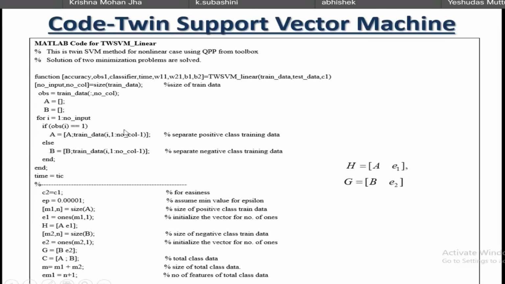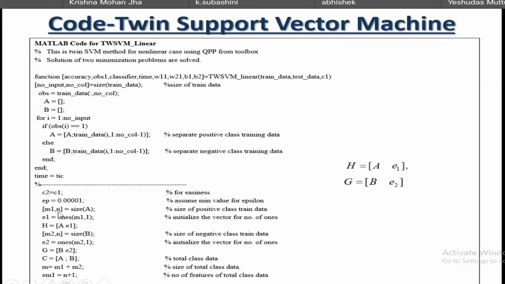Okay. Now A and B we already know. Once we have A and B, then obviously there are C1 and C2, so we are taking both as the same. Epsilon we are assuming as a user input, so I am just assigning epsilon equal to 10 to the power -5.